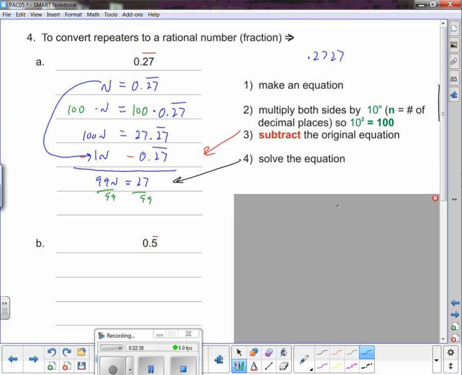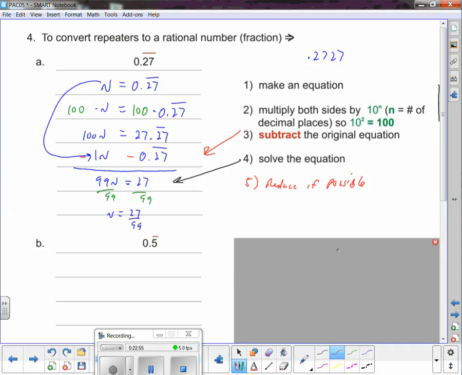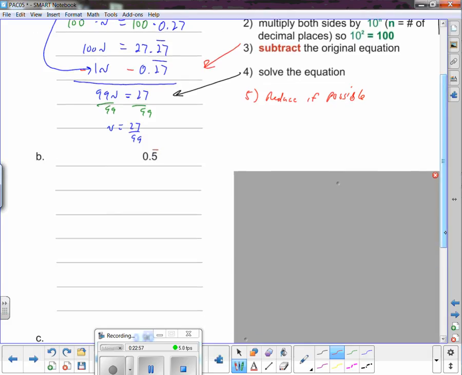Where am I at right now? N equals 27 over 99. And you know what the last thing I have to do is, and I got to put a number 5 here, reduce if possible. And I should have given us like one more line here of space to do this.